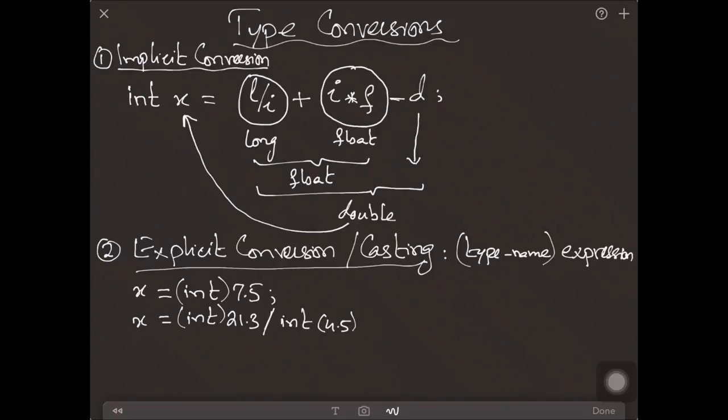Before this division takes place, this 21.3 will be casted to int, 4.5 will be casted to int, and then they will be divided, and then the result will be assigned to the variable x.